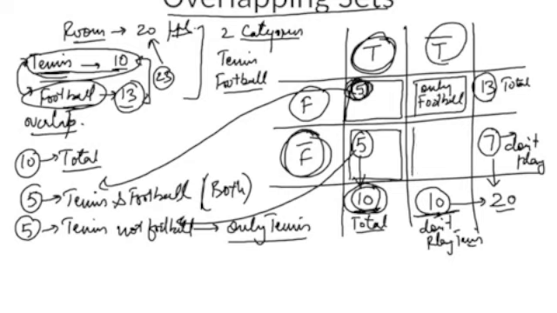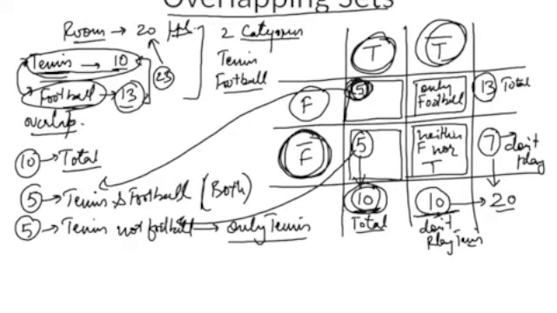This is neither football nor tennis. So that's how we need to figure out the language and put the number in the right place. That's the only job we need to do in overlapping sets.